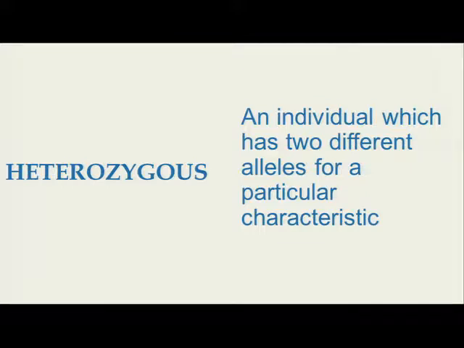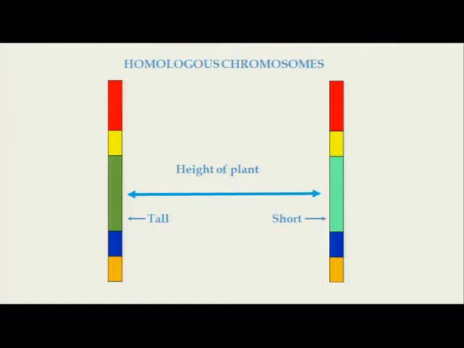Heterozygous, an individual which has two different alleles for a particular characteristic. Let's have a look. There is the pair of homologous chromosomes once again. You've seen that earlier. I take again the gene, let's say for this explanation, the so-called green gene. And you can see that there are different shades of green.